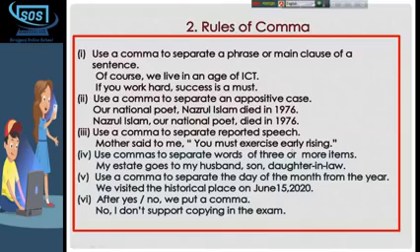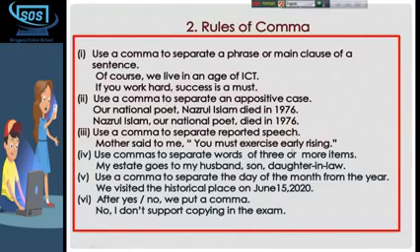To separate a reported speech, we must use comma. Mother said to me, comma, you must exercise early rising. Here we find two parts for this narrative style. To separate the speech, we will use comma.